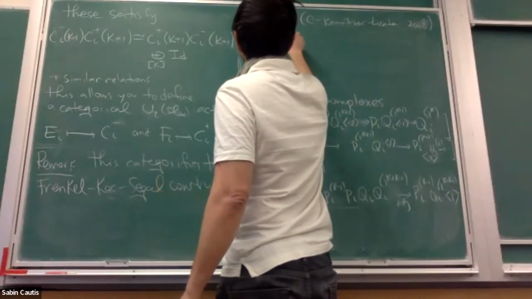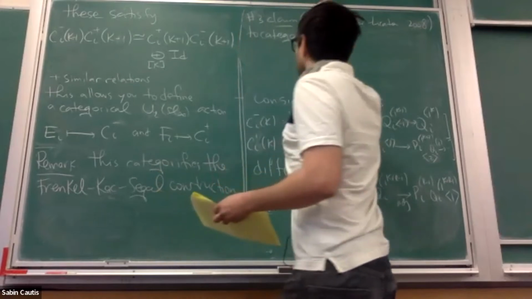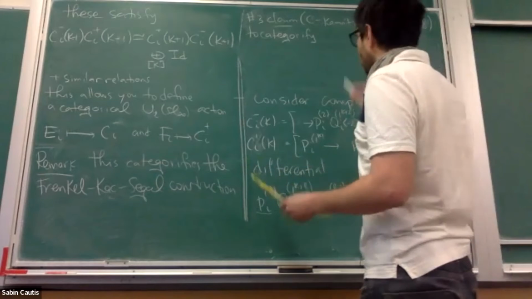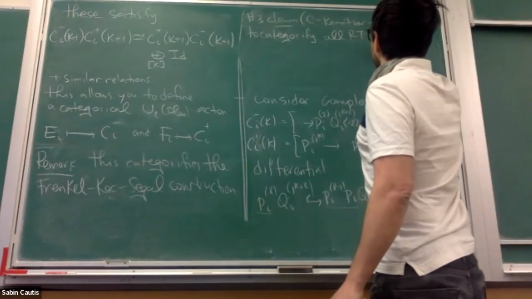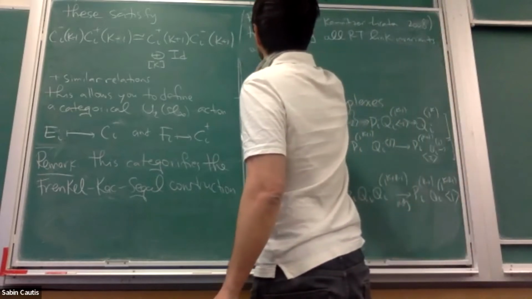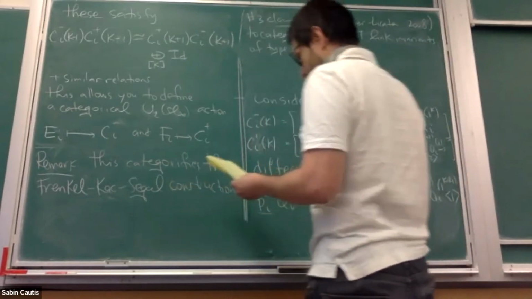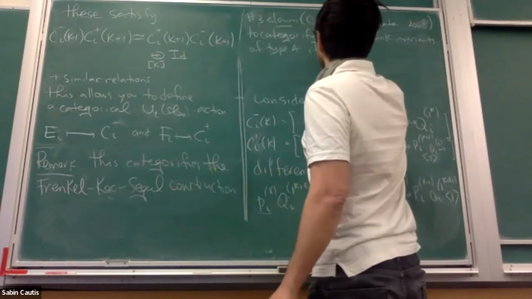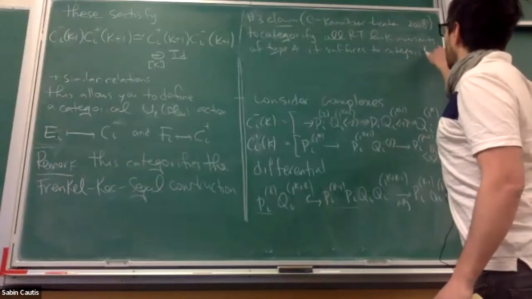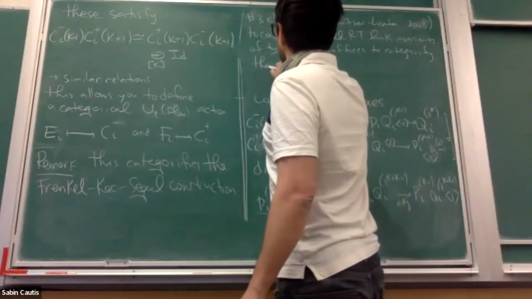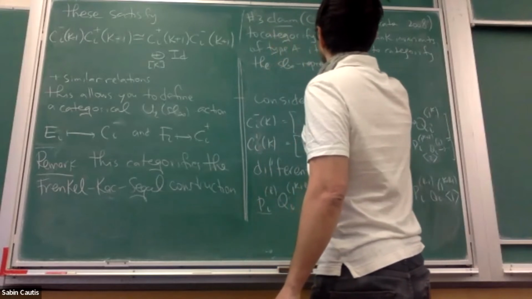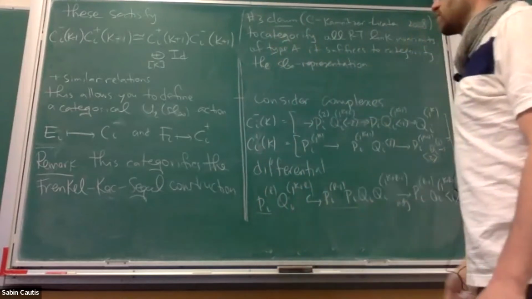It's basically the statement I said earlier, but maybe a little bit more precise, even though I'm not going to go into all the details. To categorify all quantum link invariants of type A, it suffices to categorify the SL infinity representation, or SL_N for N big enough, I guess.